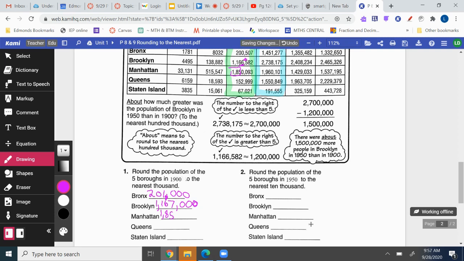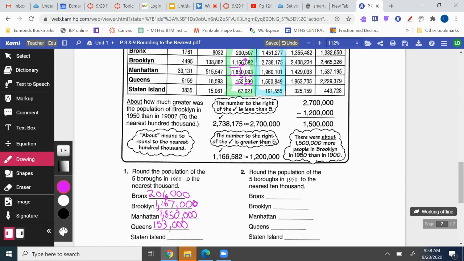Going to leave a space for my next number. And all these numbers change to zeros. This is a 0, so that stays the same. So Queens. Looking at that one. Keep these, change those to zeros. Leave a space. This 9 right here is bigger than 5, so that bumps that 2 up to a 3.